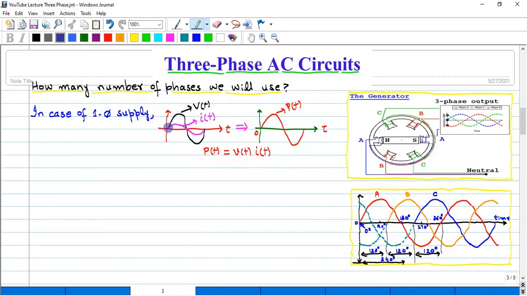In the case of single-phase supply, the voltage is sinusoidal and the current is also sinusoidal. So the power will be sinusoidal as well. This is the instantaneous power.